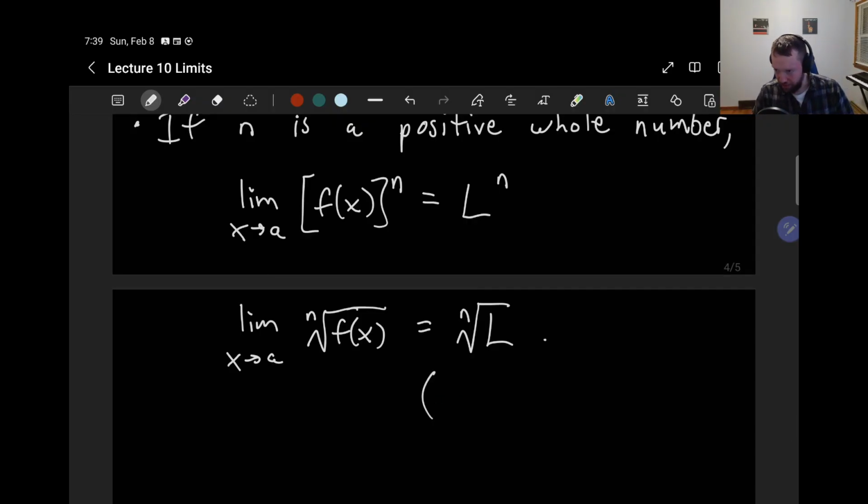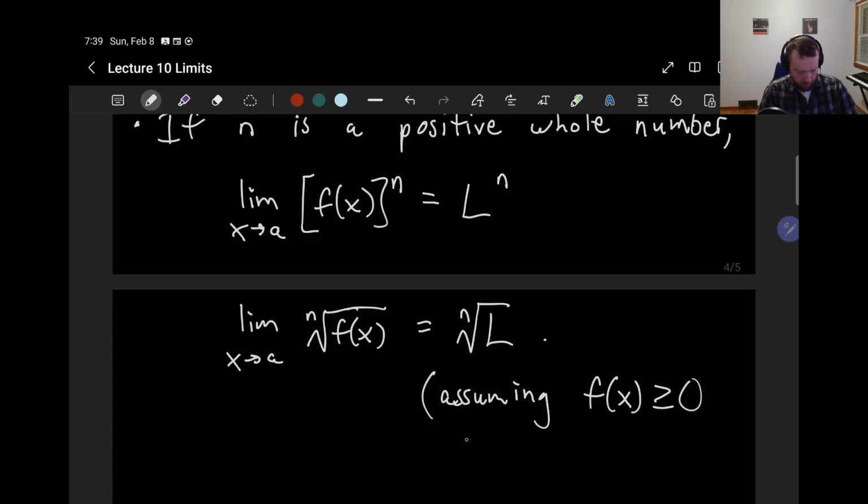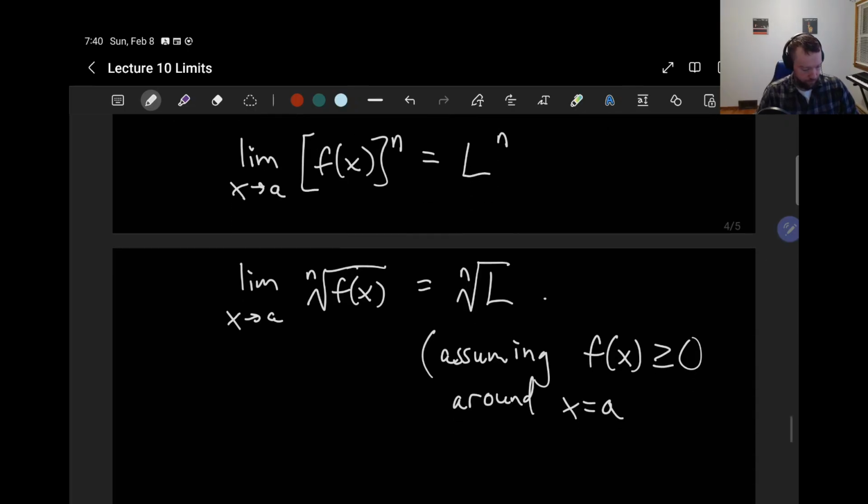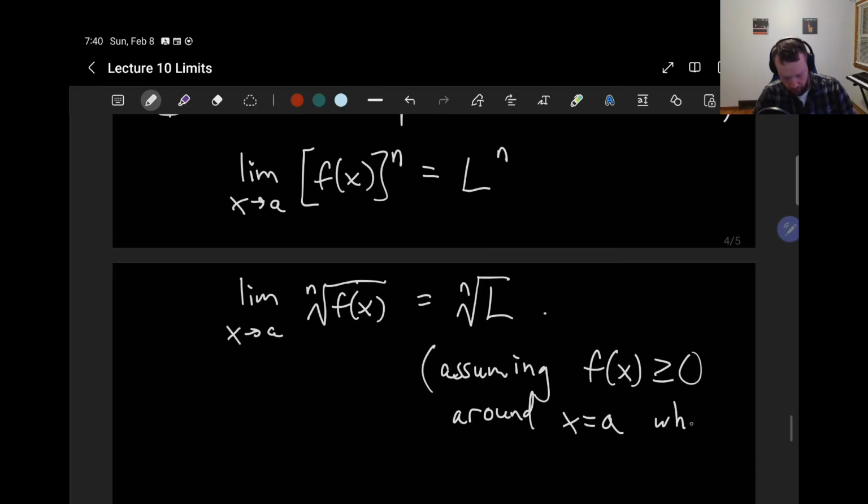And okay, we'll be a bit technical here. You just need to add something which guarantees that this thing exists in the first place. This is assuming that f of x is not negative around this x value a when n is even.